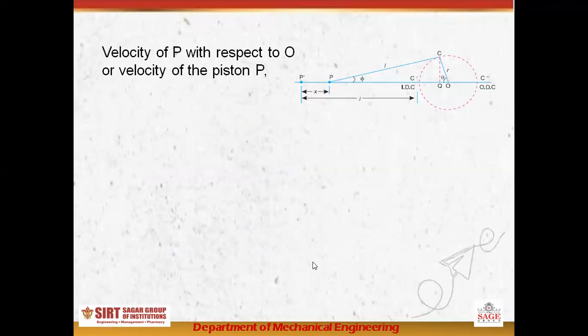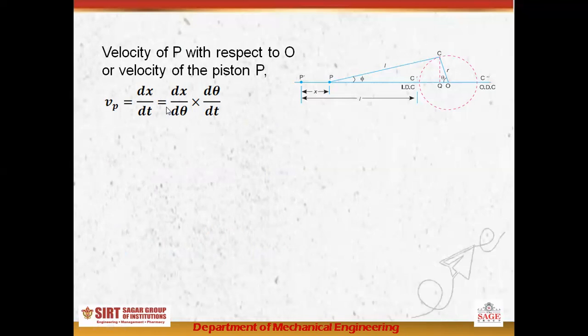Now we have to calculate the velocity. The velocity of the piston, represented by Vp, is the differentiation of the displacement with respect to time, so that is dx upon dt.